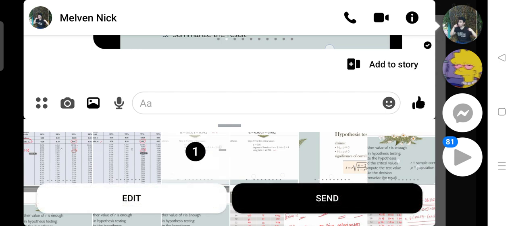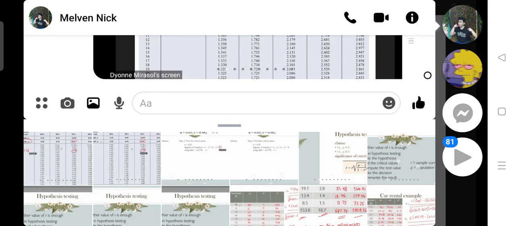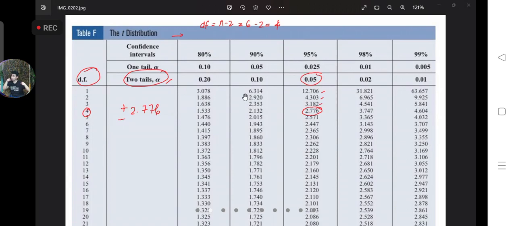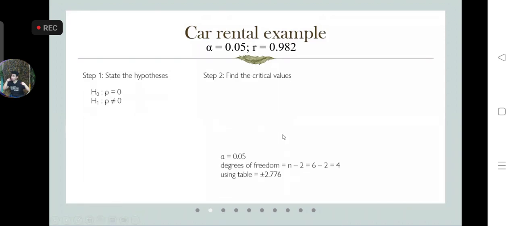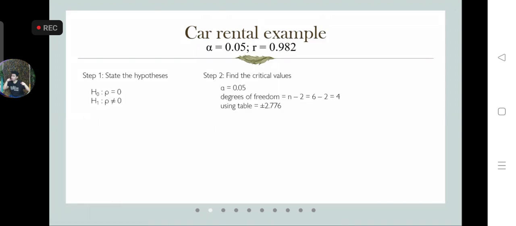Noted? Okay. Going back to our presentation. So our critical value is positive, negative 2.776.